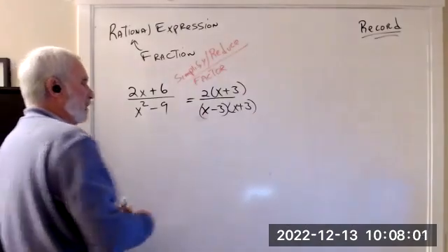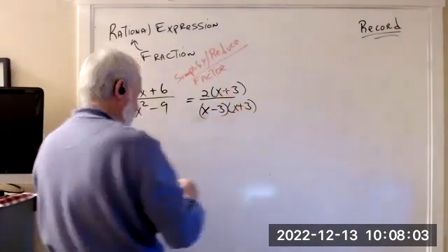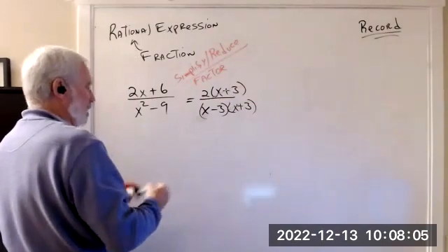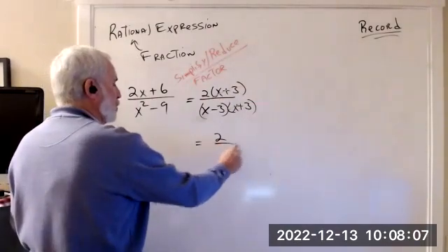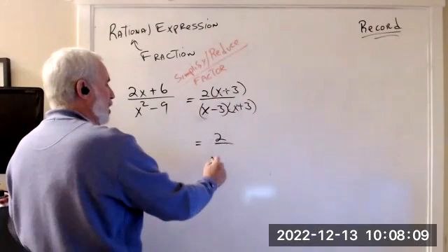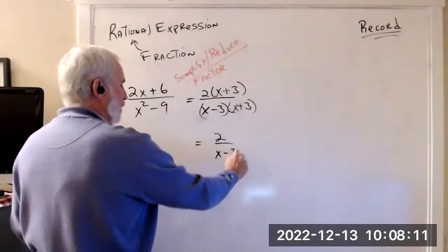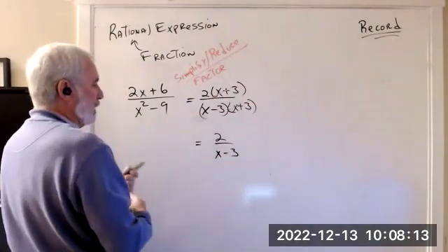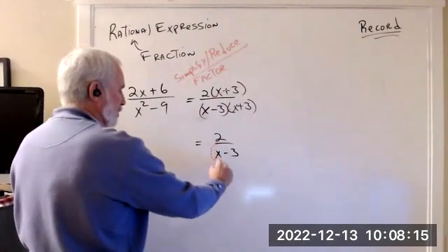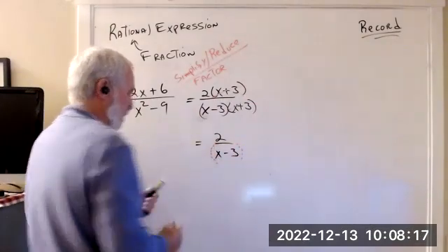And then whatever cancels, cancels. And so the reduced or simplified answer would be 2 over x minus 3. And I talked about having invisible parentheses around it.